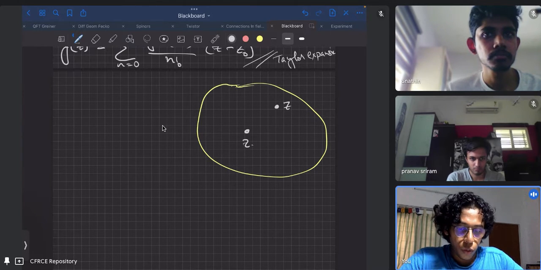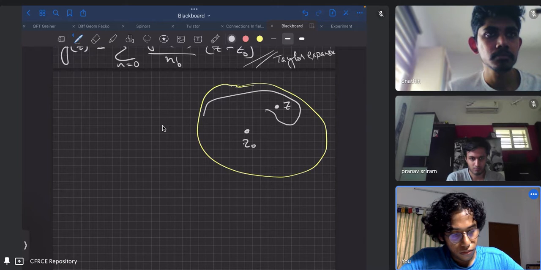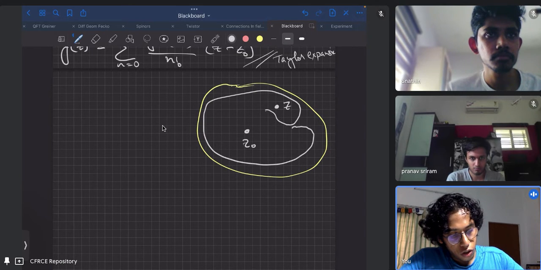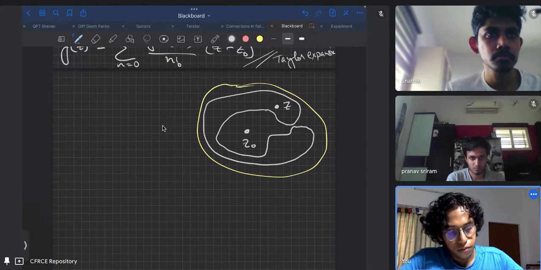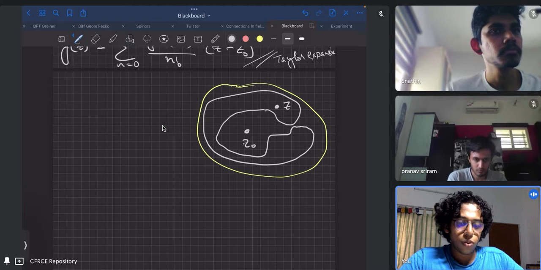Now what you can do is expand z in terms of z naught by taking a contour integral around z naught. Okay, so this is an arbitrary closed contour.